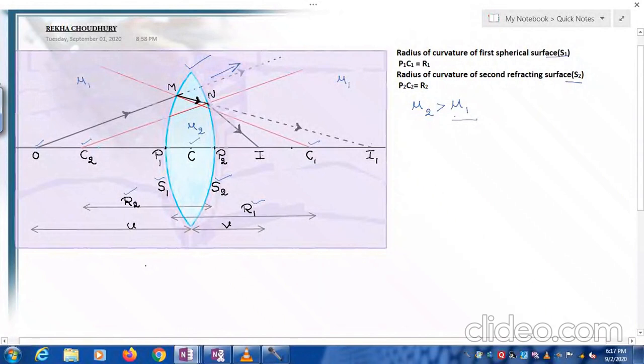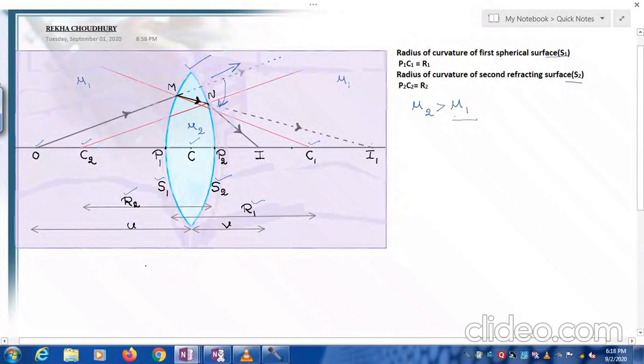So this is the bending of the ray, and MN is the refracted ray for the refraction at the point M. Now if the whole space at the right side of this surface S1 were filled with this medium having refractive index mu2, then this refracted ray would go straight and meet the principal axis at the point I1.